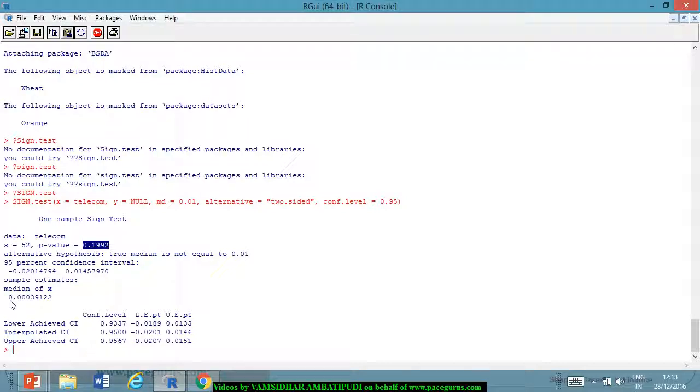I will also get the sample median value, which is around 0.03%, and it also gives a 95% confidence interval, coming out to minus 2.01% to 1.45%. That's the 95% confidence interval. And if we are looking at the lower achieved confidence interval, it is 0.9337, which is working out at an interval of minus 1.89 to 1.33%.